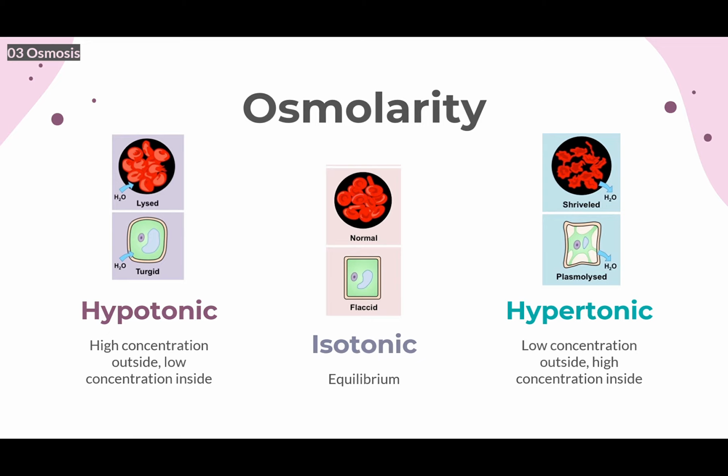Starting out with the hypotonic osmolarity, it occurs when there's a high solute concentration on the outside and a low solute concentration on the inside, which means that the cell, because of the net movement along the gradient, will absorb H2O if it's in pure water. And in animal cells, this has the effect that they are lysed.